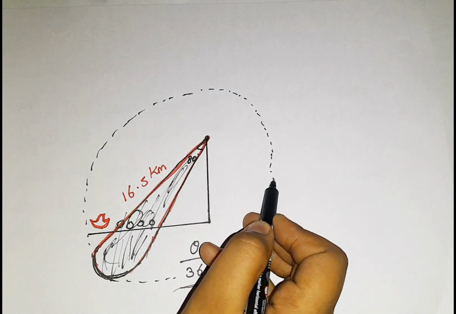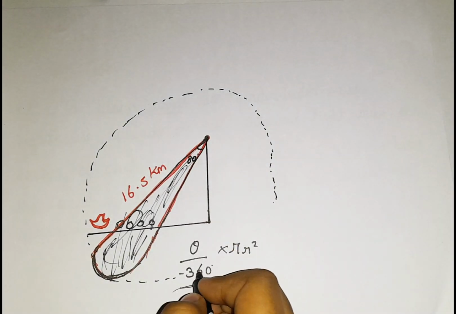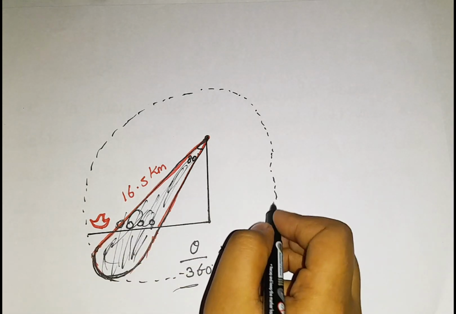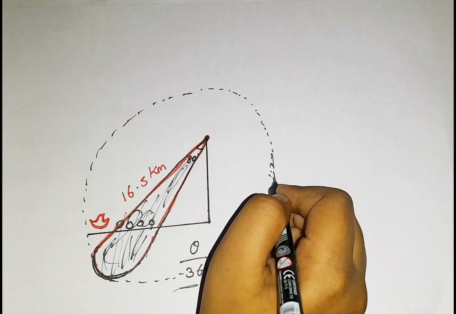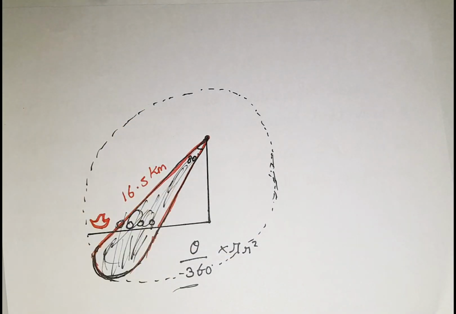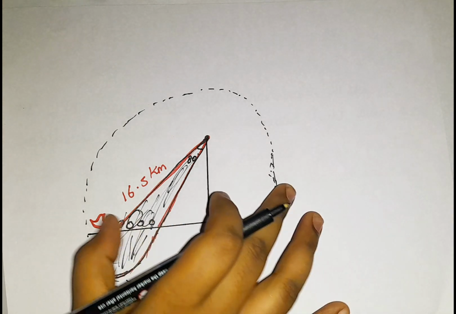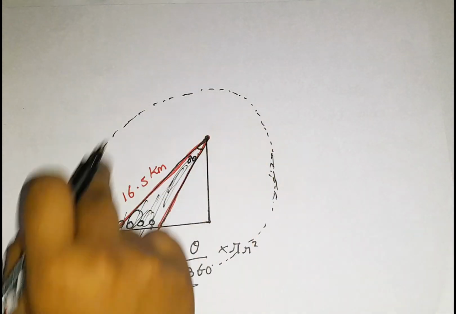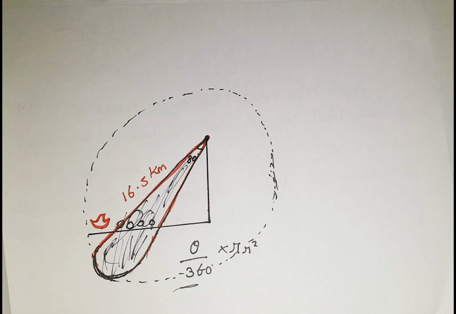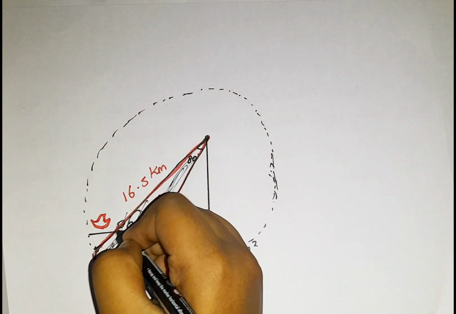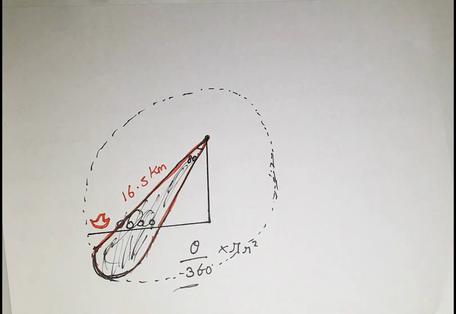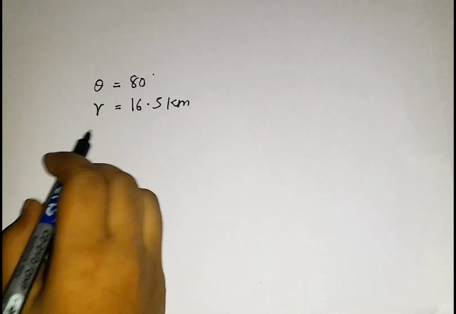If you extend the sector like this, then you will get a circle. I didn't draw an exact circle, this is just a prediction. For your understanding, I do something like this. For this circle, this is a radius, and likewise, this is also a radius.